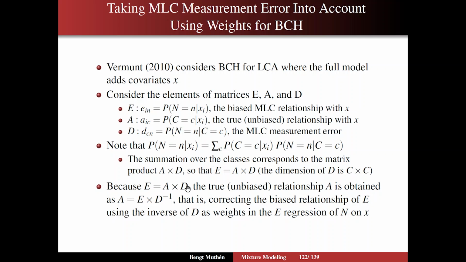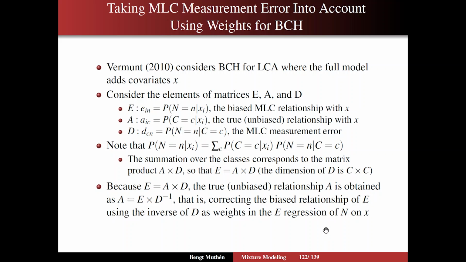And by matrix algebra you can multiply by D inverted on both sides, and you get that A, the true relationship, is equal to the biased relationship times the inverse of the measurement error matrix. So we take the inverse of that measurement error matrix that we computed, and thereby we correct the biased relationship of E, n given x, using the inverse of D, the measurement error matrix, as weights in the regression, in the E regression, n on x.